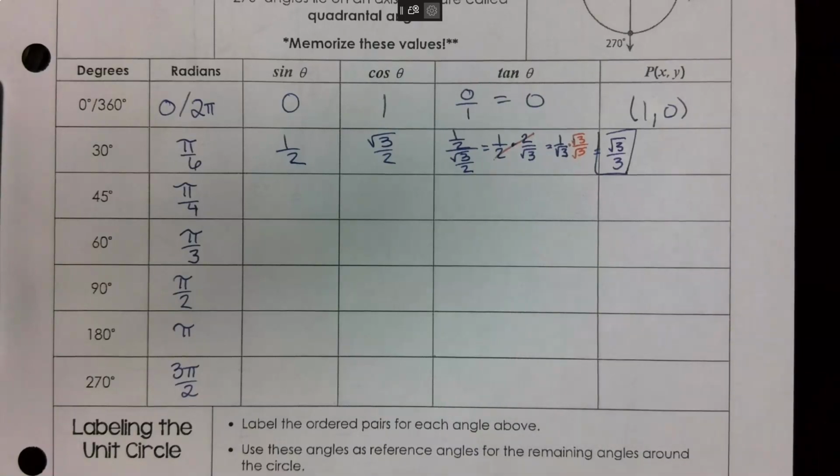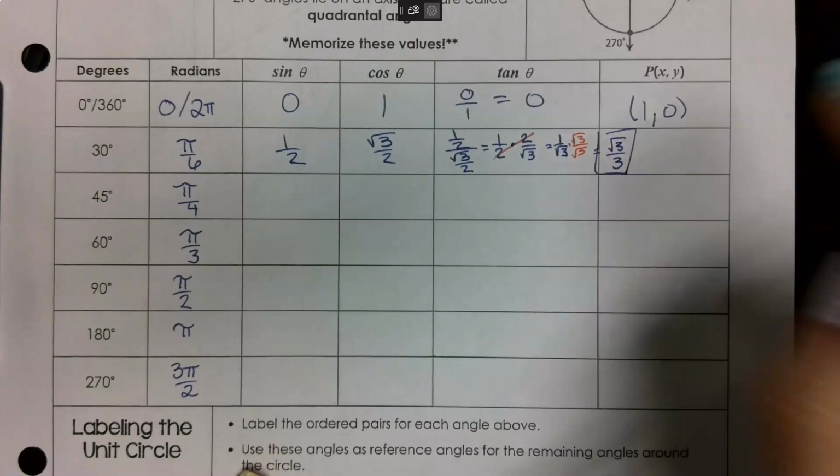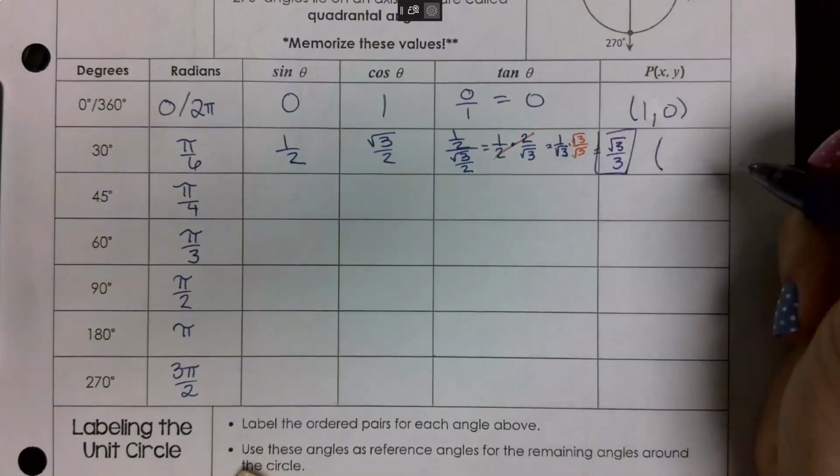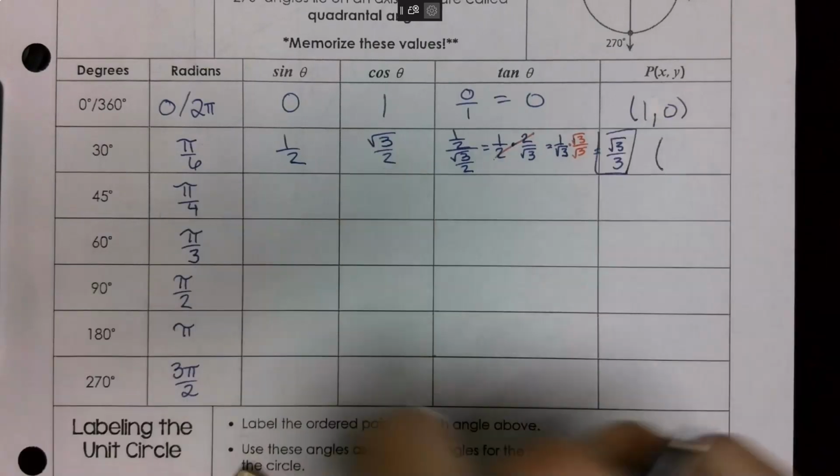It's 1 over the square root of 3. Okay. So my coordinate point on 30 degrees was... Remember, your coordinate point is cosine, sine.